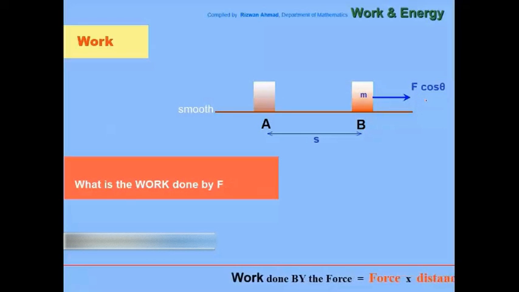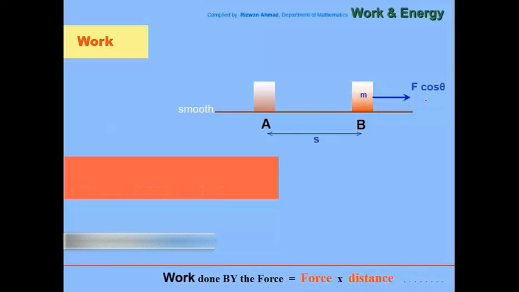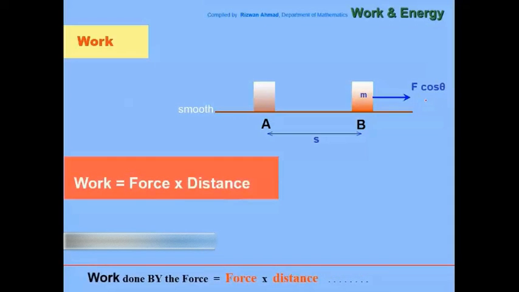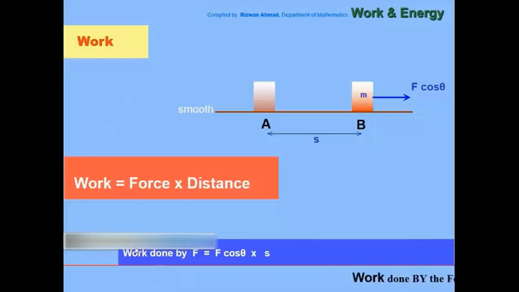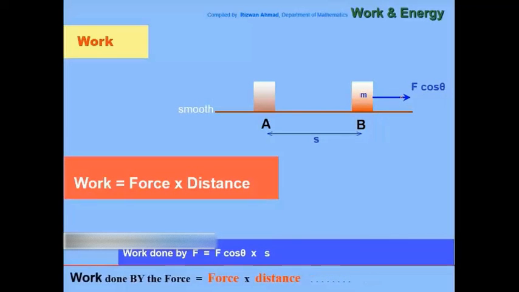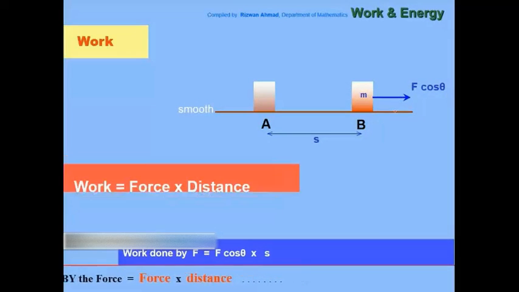In this case, the work done by the force F will be force times distance, so it will be F cos theta times S. This is also the work done by the force, because the force component is in the direction of motion.